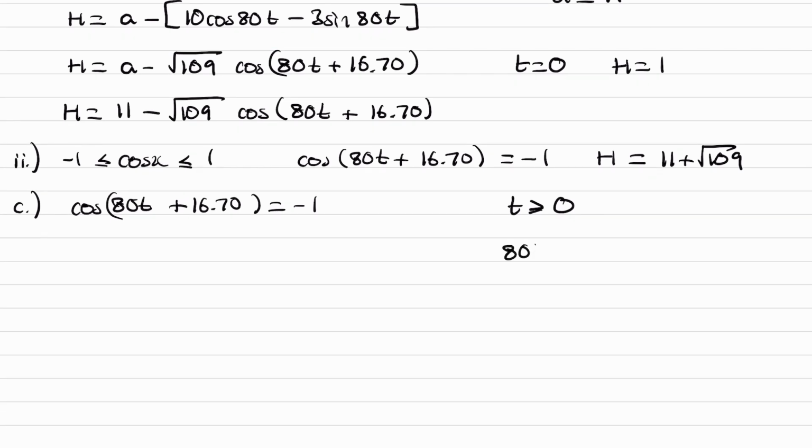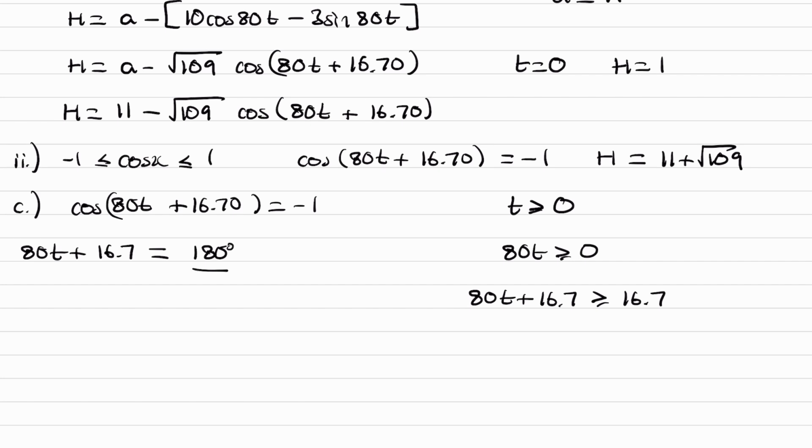If we times that by 80, both sides, if we add 16.7 then to both sides, we get this. If we do the inverse cos of minus 1, we get 80t plus 16.7 is equal to 180 degrees. And if we think of a cos graph repeats every 360 degrees, so we can add or subtract 360 to this to get the other values.